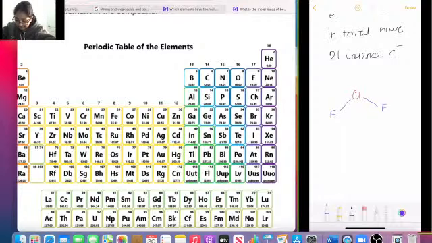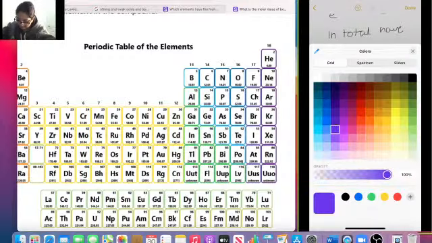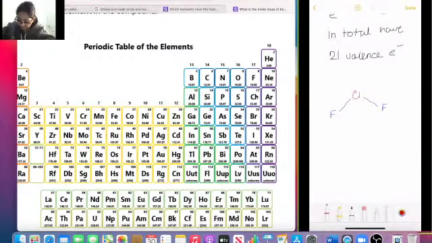Since it has 7, it only needs 1 more bond to fulfill its octet, but over here you can see it's forming 2 bonds. So you have 2 electrons bonding with one of these fluorines, and the other 2 with the other fluorine. So we are sharing 4 electrons here, right?